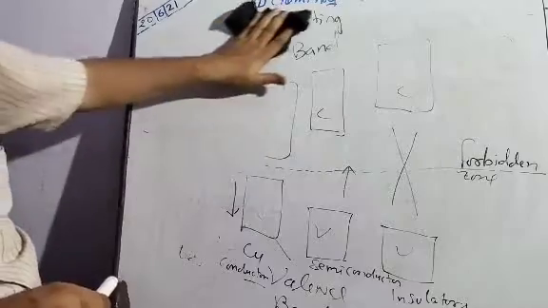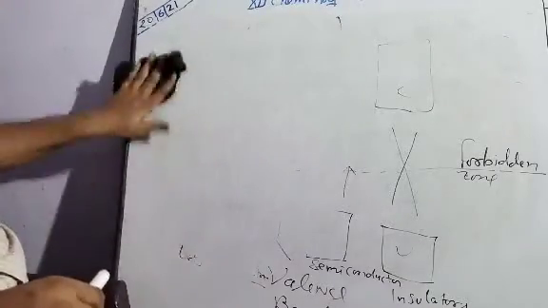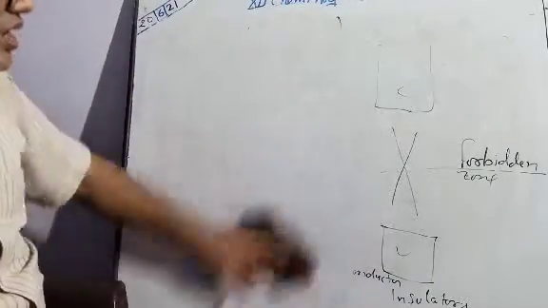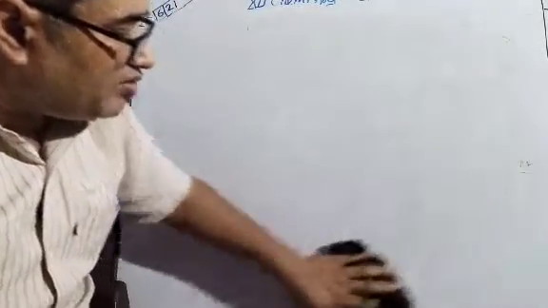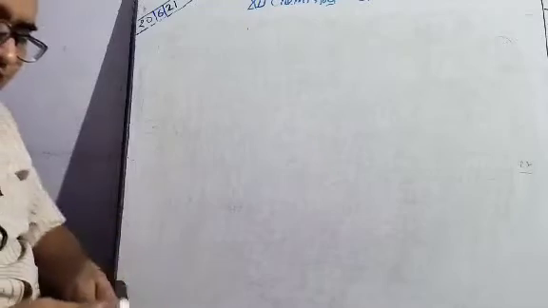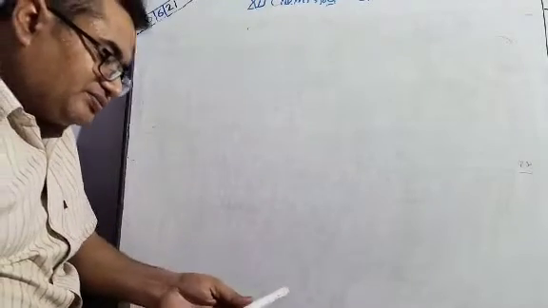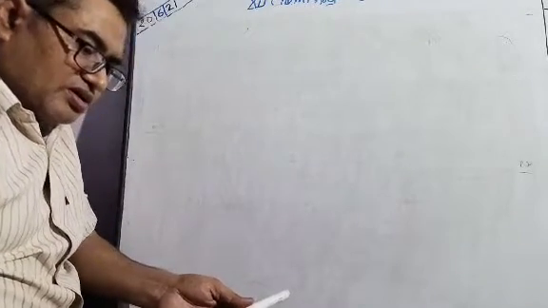So it was the band theory of conductors, insulators and semiconductors. Now the remaining topics I want to tell you are the magnetic properties or magnetic behavior of substances.